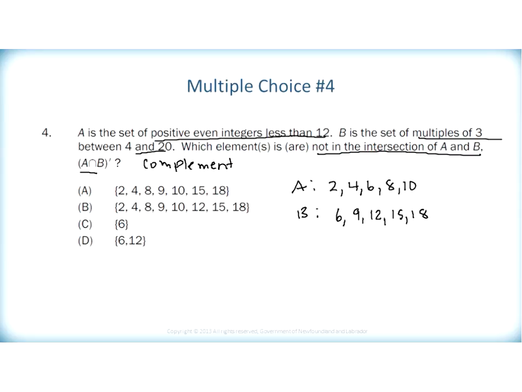Now it says which elements are not in the intersection. In the intersect, there is 6. That's in the intersect. So what is not in the intersect is everything else: 2, 4, 8, 9, 10, 12, 15, 18. And that will give us B.